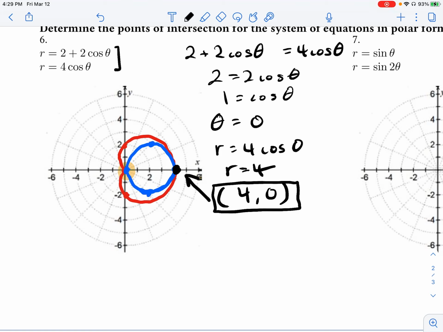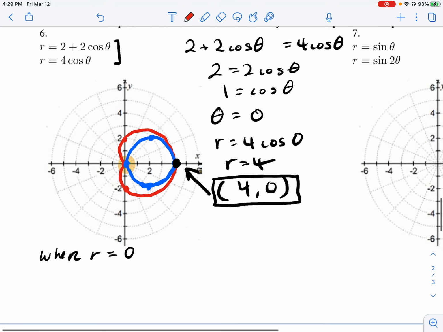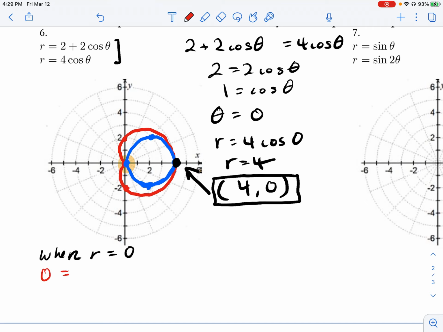It looks like it's happening when r is equal to 0. So let's try the first equation. When r is equal to 0 for our first polar function, what is theta? Cosine of theta is equal to -1, so theta here is equal to pi. That's what gives me -1.